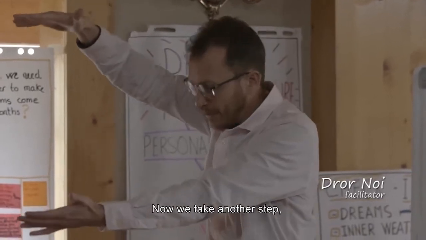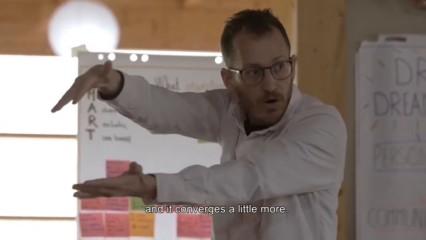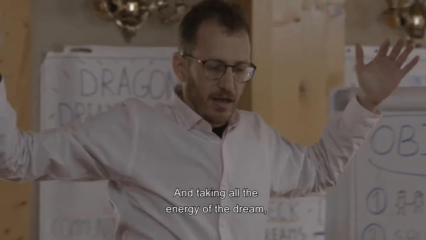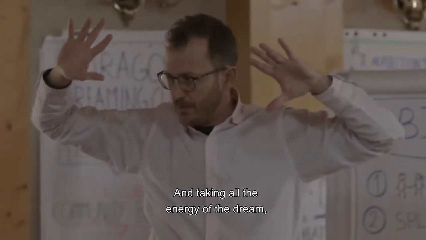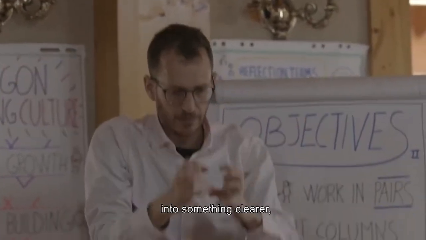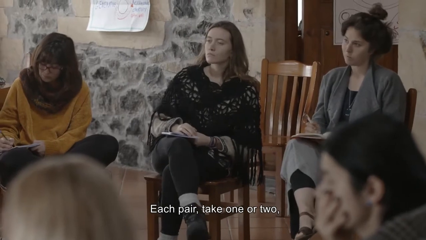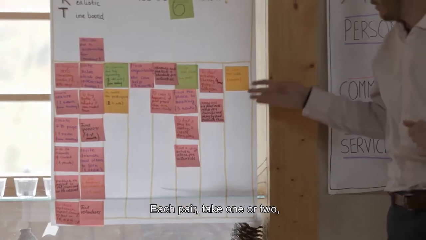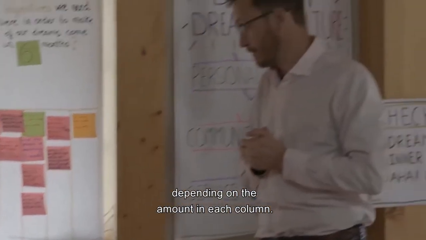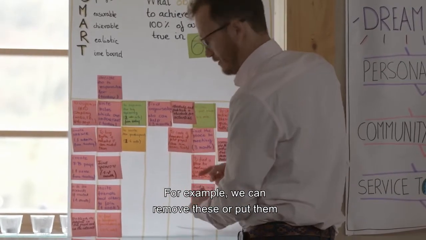And now we're doing another step, converging a little bit more, taking all the energy of the dream and the first step of the objective and turning it into something more clear, more concrete. Each pair takes one or two columns, depending on the number that we have. Let's say we're going to take this one.